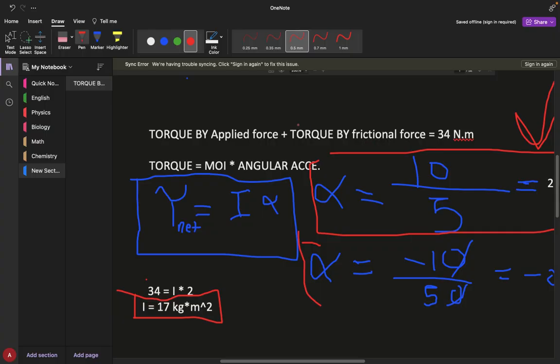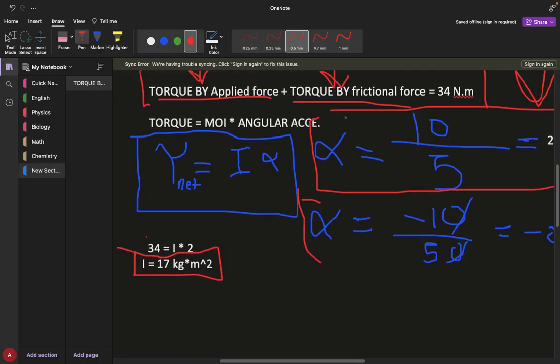The reason I'm going to do that is because up until now, I have two unknowns. This is an unknown as well as this one, and if I want to find this one, I have to find this. I cannot find something when everything is unknown, right? This is just purely common sense. So I have to find the torque by the frictional force in order to be able to find the torque by the applied force.